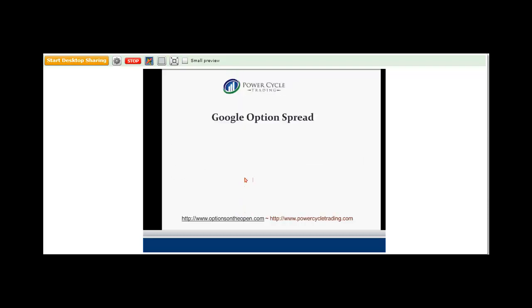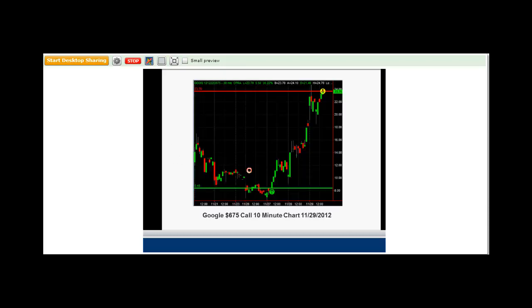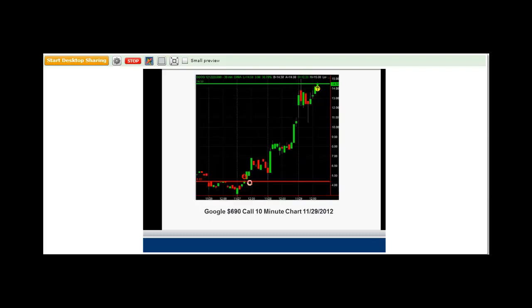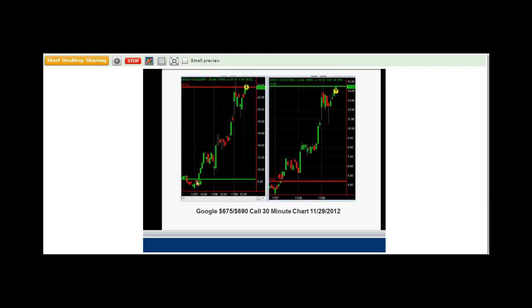Now here's the Google option spread. This was a really nice spread trade setup that we did. Instead of just buying outright calls, to reduce your risk and finance, I bought the 675 calls right here. They were going for about $840.